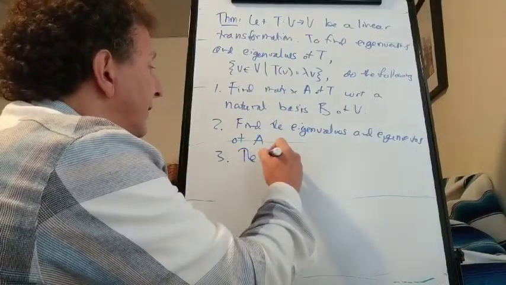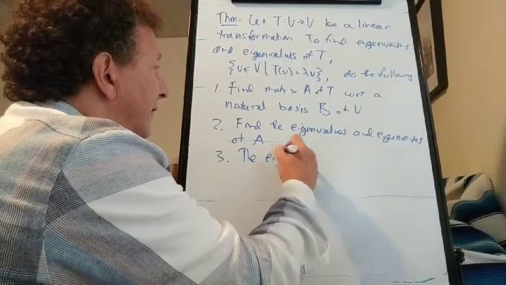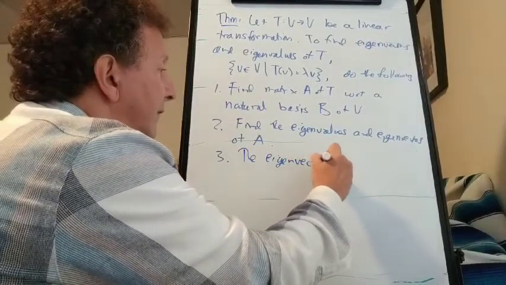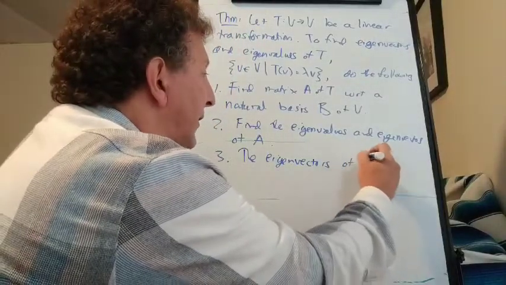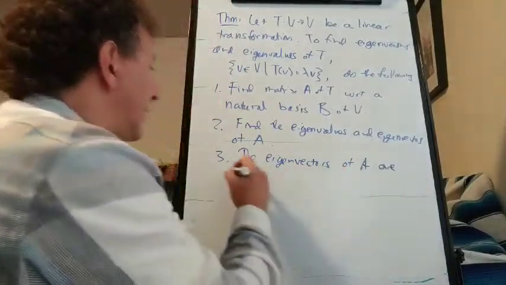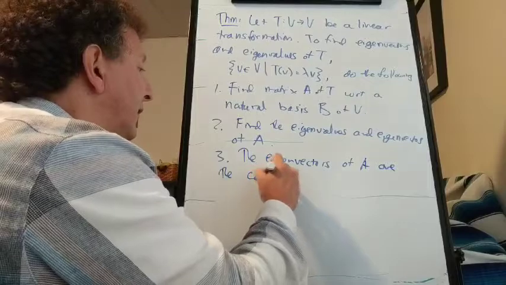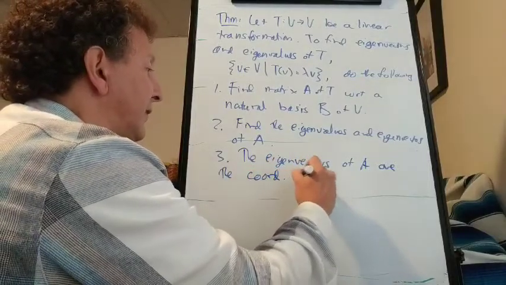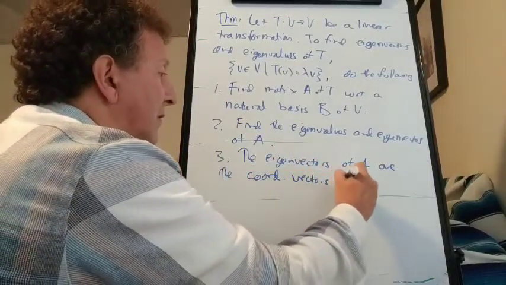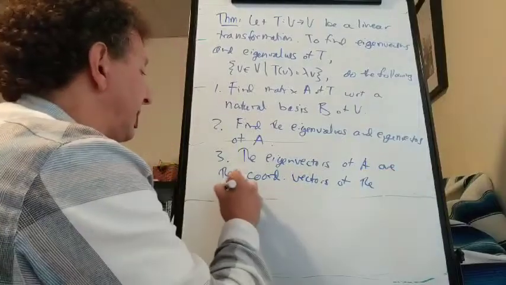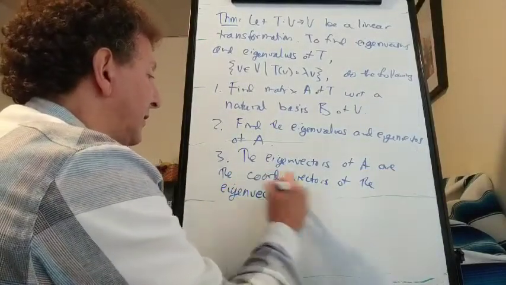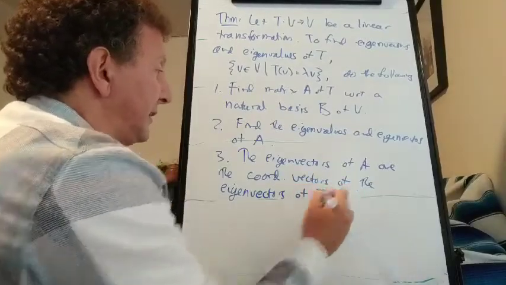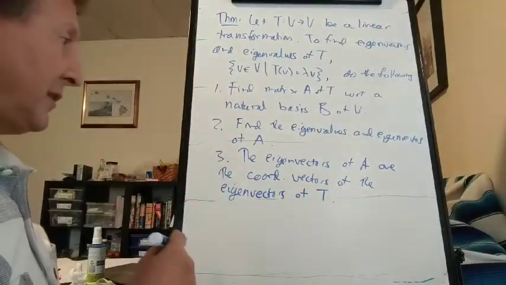Then the eigenvectors of A are the coordinate vectors of the eigenvectors of T, and the eigenvalues of A are the eigenvalues of T.